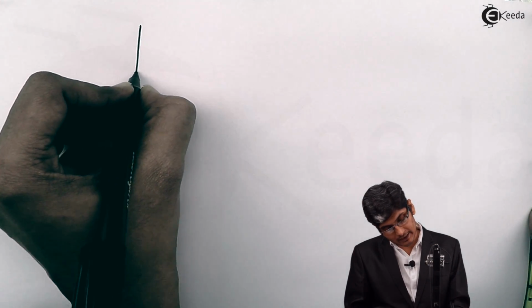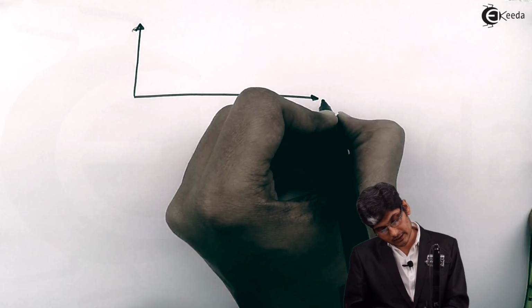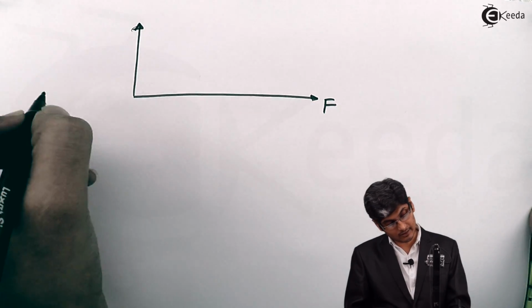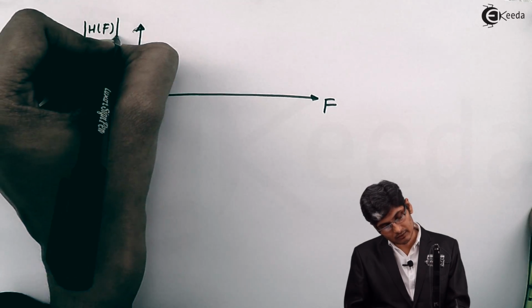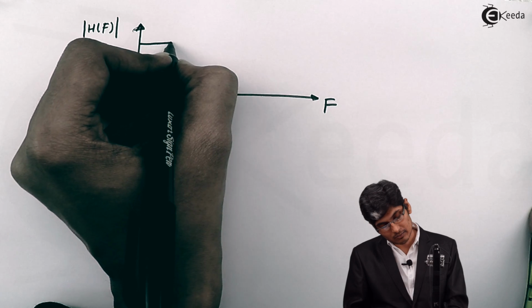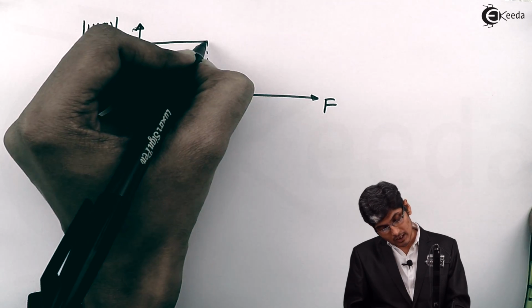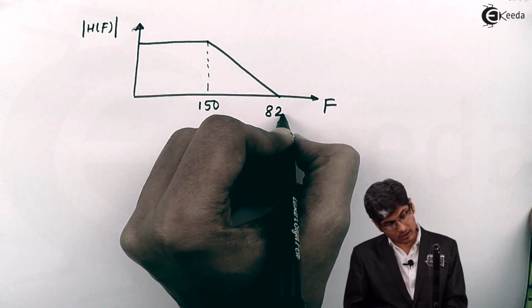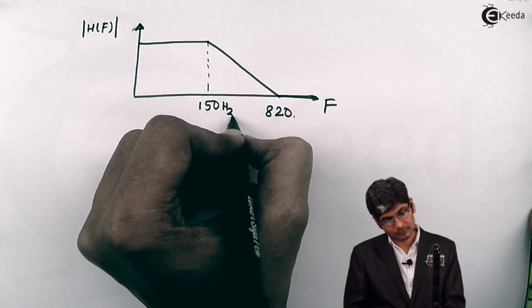If I draw the characteristics, with F as the x-axis and mod of H of f as the y-axis, we have the passband up to 150, and then after that it goes to 820, and onwards till 5000 it is 0.